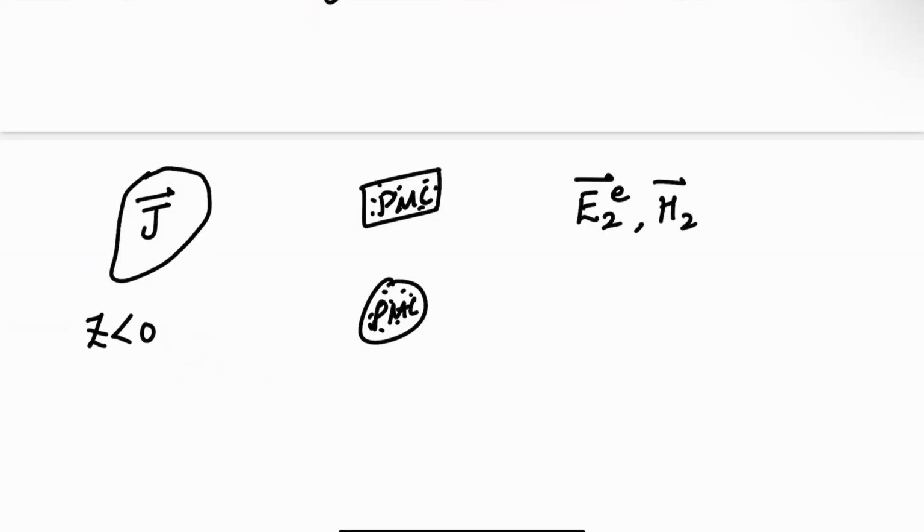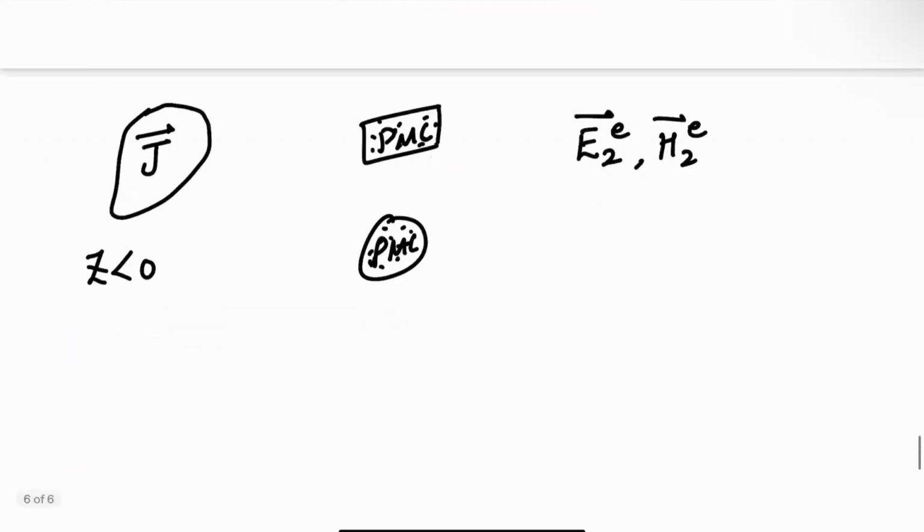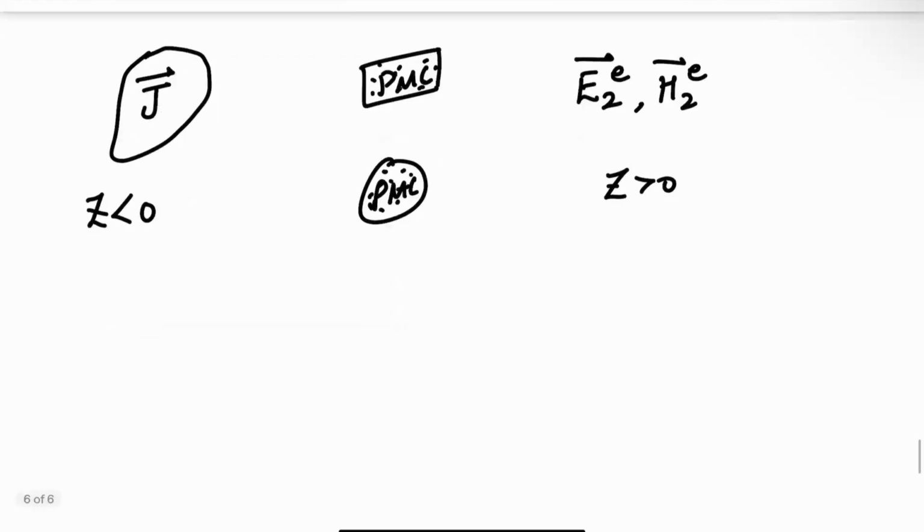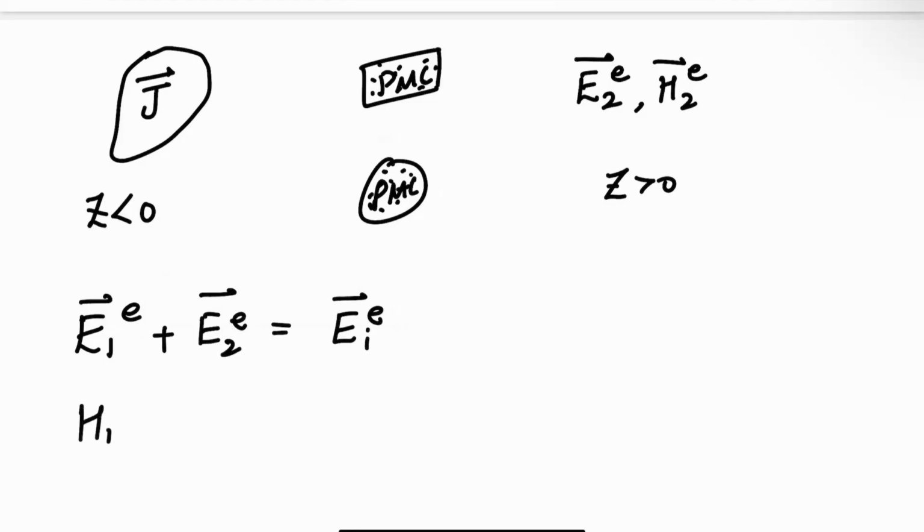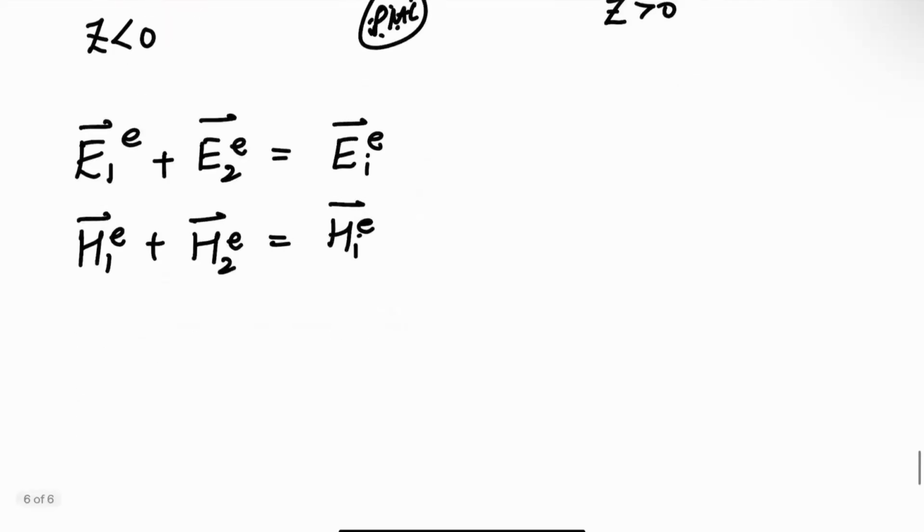I'll call this E2E, H2E, because they're produced by an electric current. Then I can write the results of the complementary theorem: E1E plus E2E is equal to EIE, and H1E plus H2E is equal to HIE.